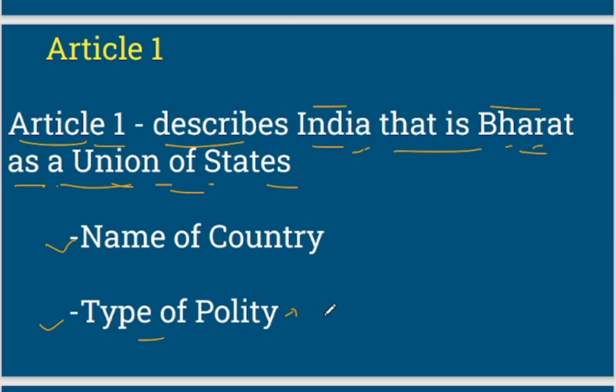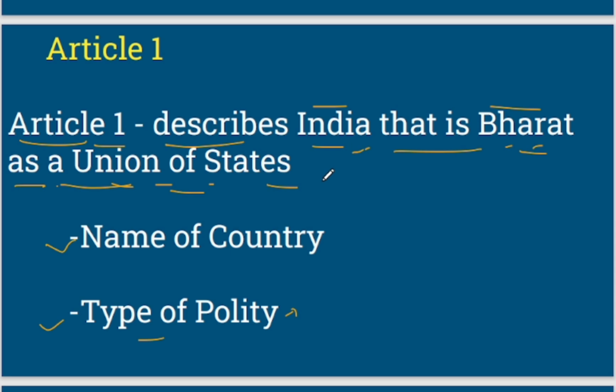On this union of states, Bhim Rao Ambedkar commented that the Indian Federation is not the result of an agreement among states like the American Federation. The American Federation is the result of an agreement among states, but that is not the case in India.